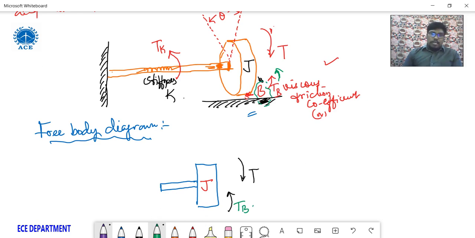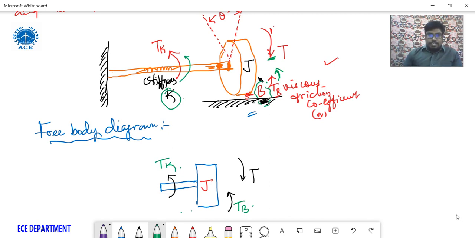Another is stiffness, which is opposing the externally applied torque, so this is TK.